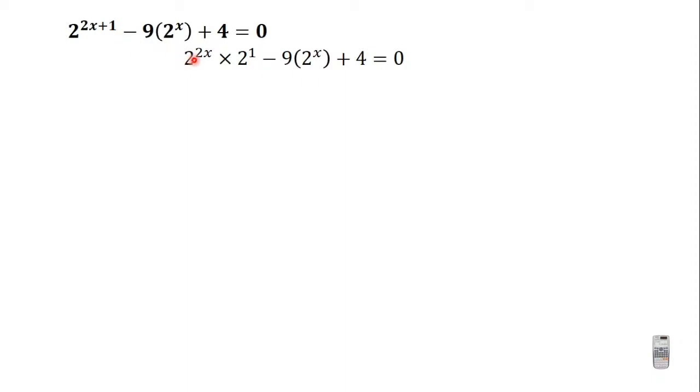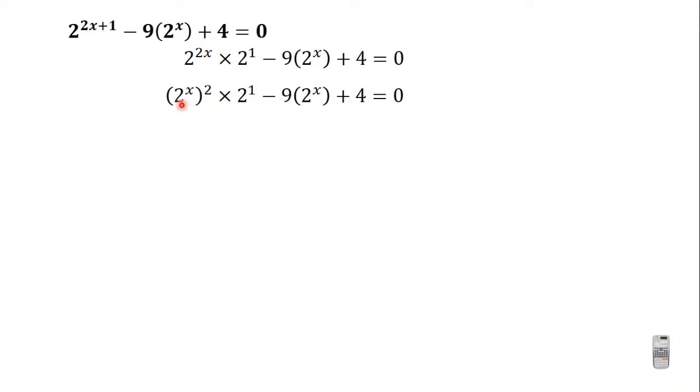So we have 2 exponent 2x times 2 exponent 1 minus 9 into bracket 2 exponent x plus 4 is equal to 0. If you rearrange this equation, 2 exponent 2x can also be written as 2 exponent x in a bracket, then exponent 2, times 2 exponent 1, minus 9 into bracket 2 exponent x plus 4 is equal to 0.